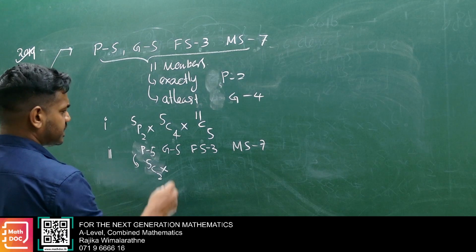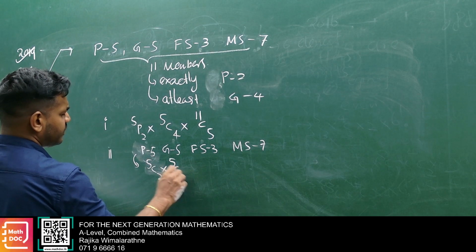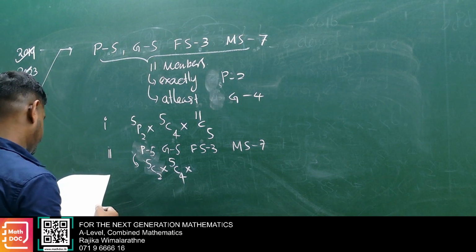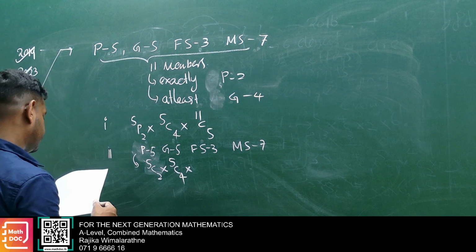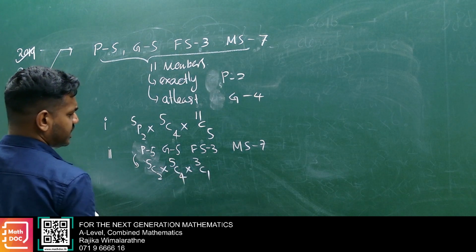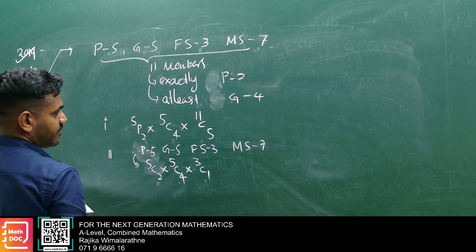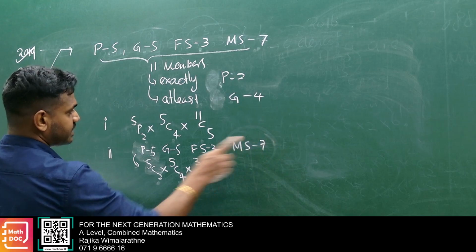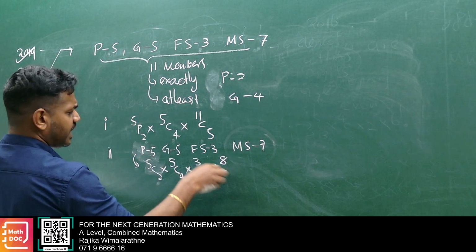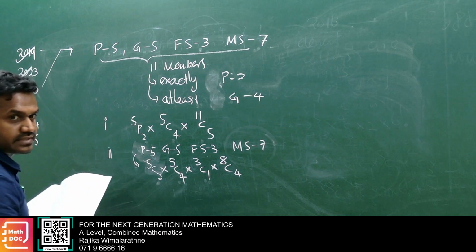At least 4 guitarists needed: 5C1, 5C4. Exactly 2 female singers: you select 2, 3C2. Up to now we have selected 4, 2, 6. Then we have 7 male singers and 1 guitarist remaining, altogether 8. By 8 you select, we need 4 more: 8C4.